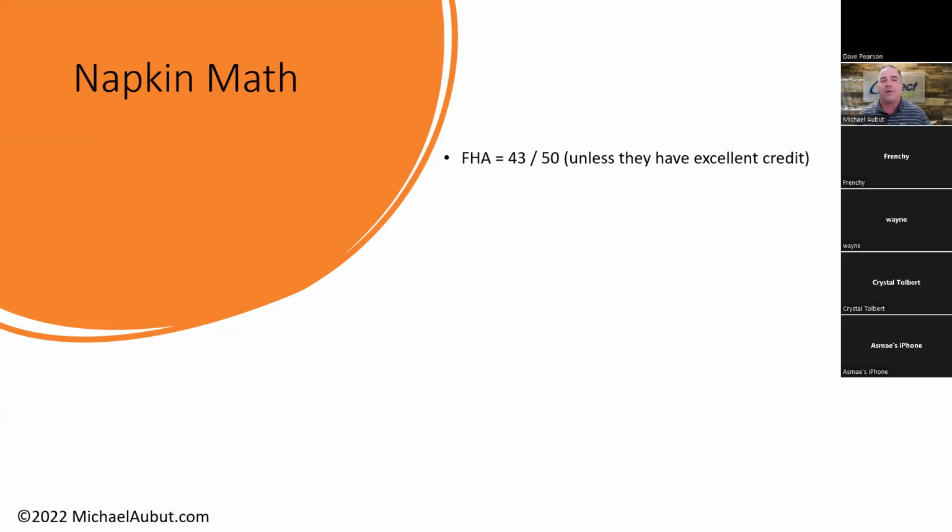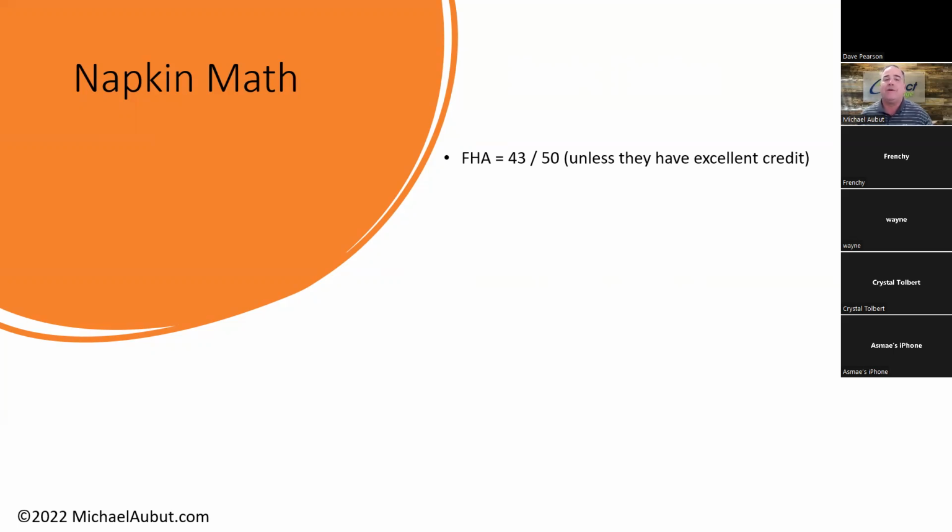So in other words, that mortgage payment, that total housing payment, which is principal and interest, taxes, insurance, HOA, if there's a CDD or anything like that, those are all included, that total housing payment. And you're going to divide that by your income. That's your front ratio. So your front ratio, that housing payment shouldn't be more than 43% of their income.